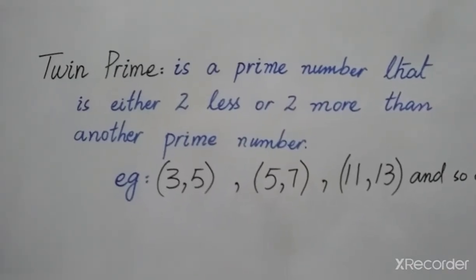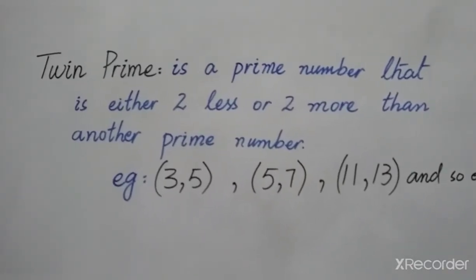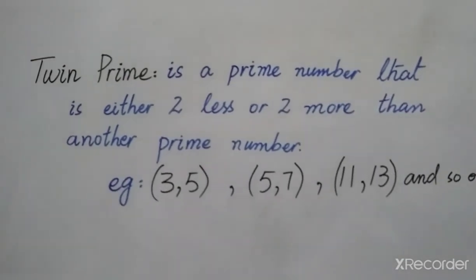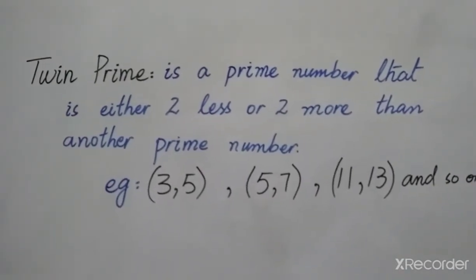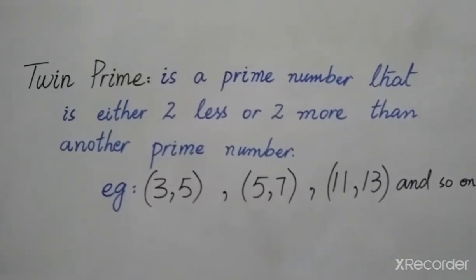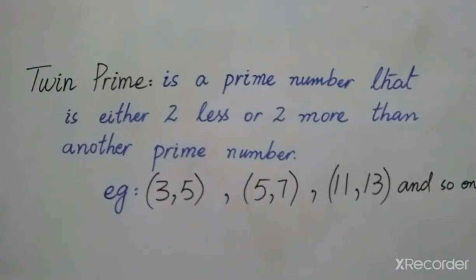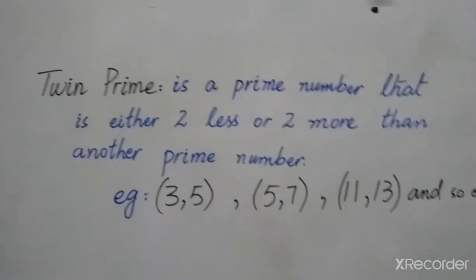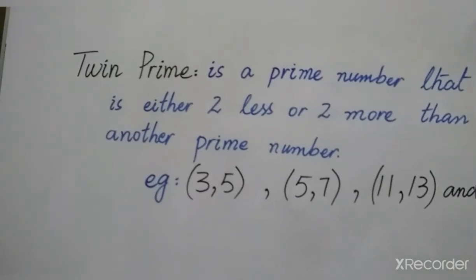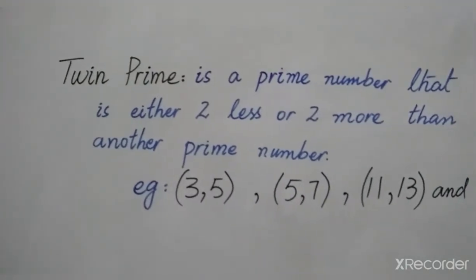Now this is the most interesting topic of the entire video. Now students, we will learn what are twin primes and what are prime triplets. A twin prime is a prime number that is either 2 less or 2 more than another prime number. Actually, these are the pairs of prime numbers with a difference of 2.